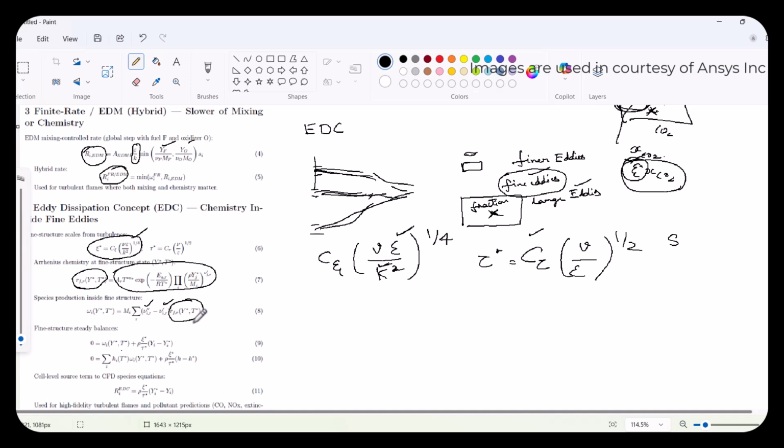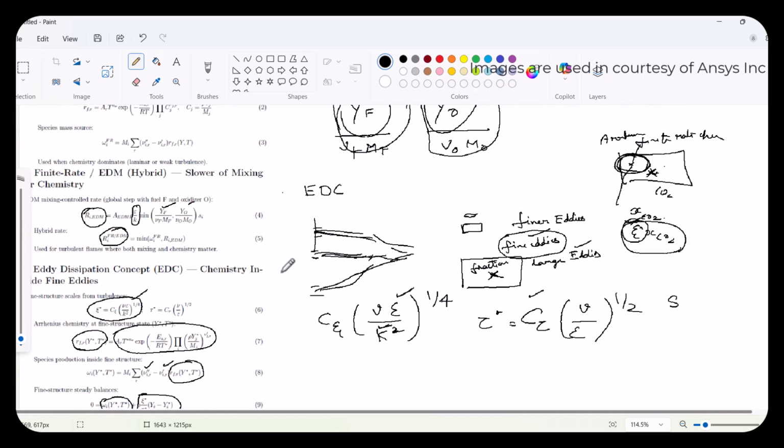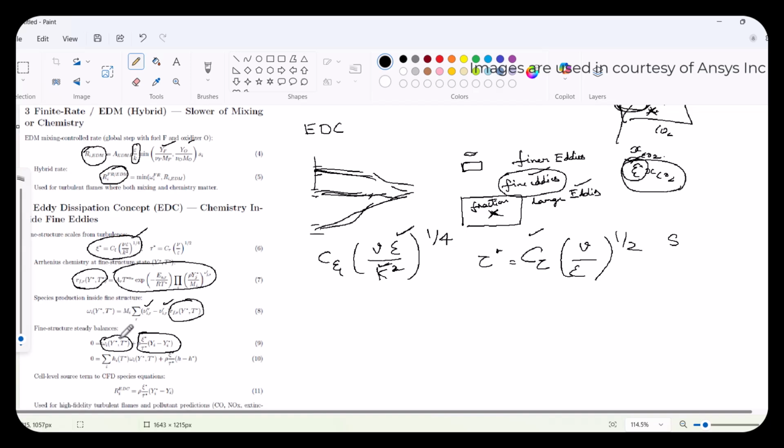And how will we calculate that? We'll have this kind of species production, and this is the actual change in mass fraction only due to the finite rate chemistry. We will assume some random values of Y star and T star and solve these equations. This is for mass and this is for energy. If you start solving these equations, finally there will be Y star and T star values which satisfy epsilon star and tau star, because tau star and epsilon star are already known to us.